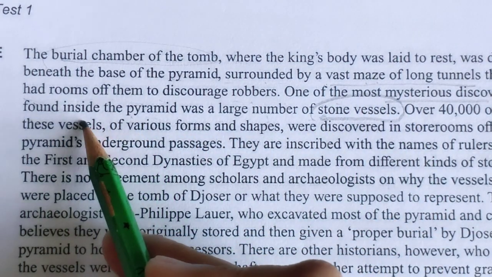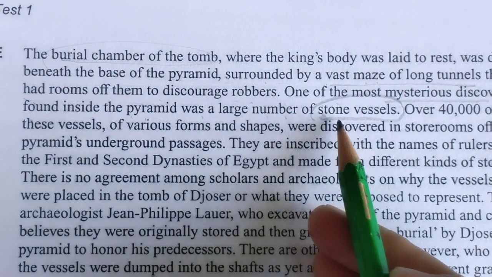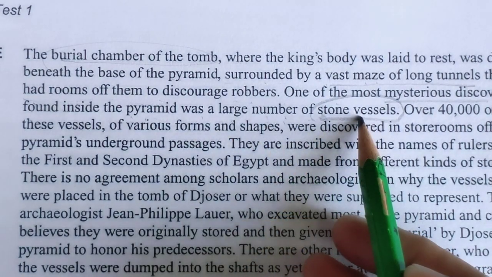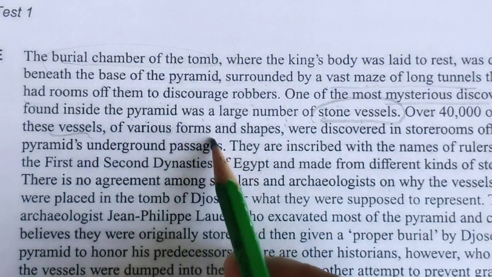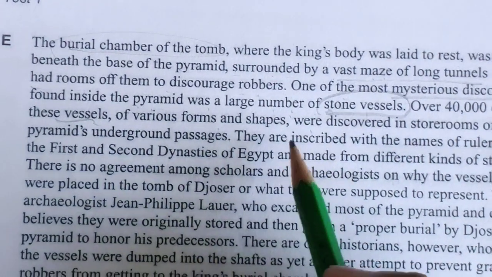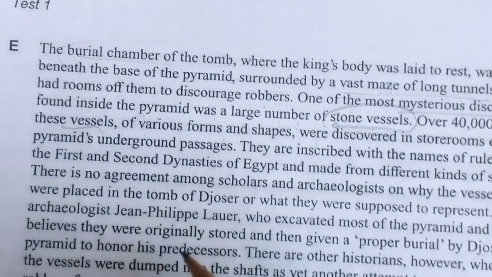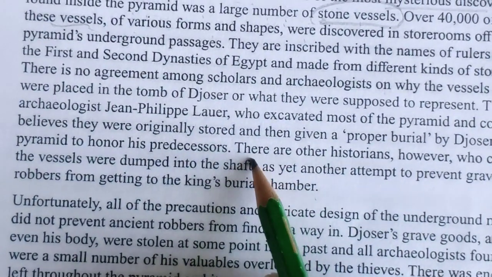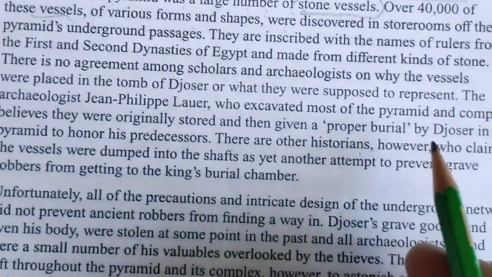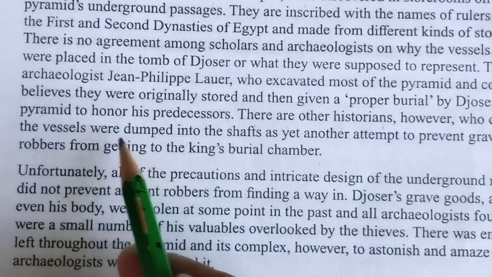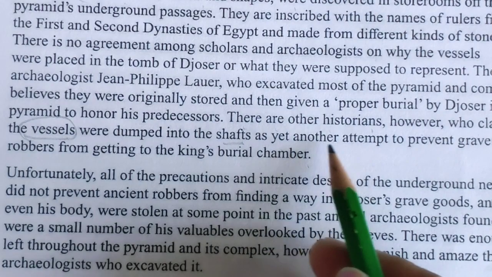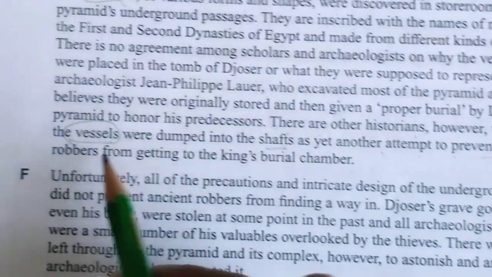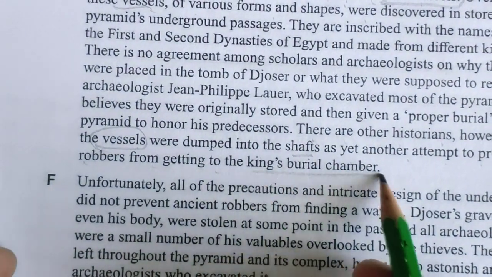Some artifacts were given. There are other historians, however, who claim the vessels were dumped into the shaft as yet another attempt to prevent grave robbers from getting into the king's burial chamber.